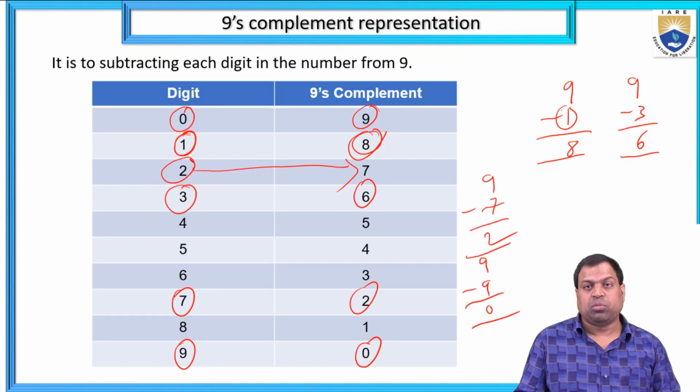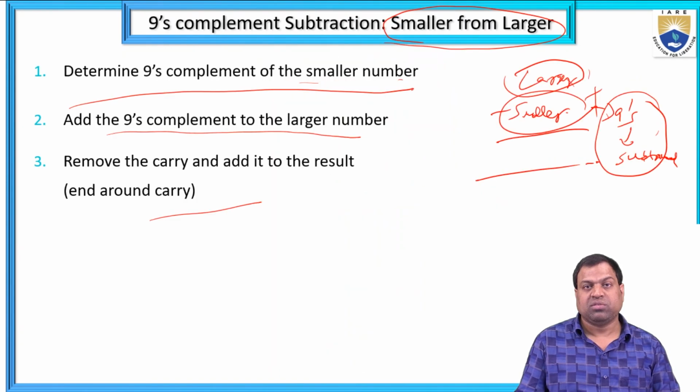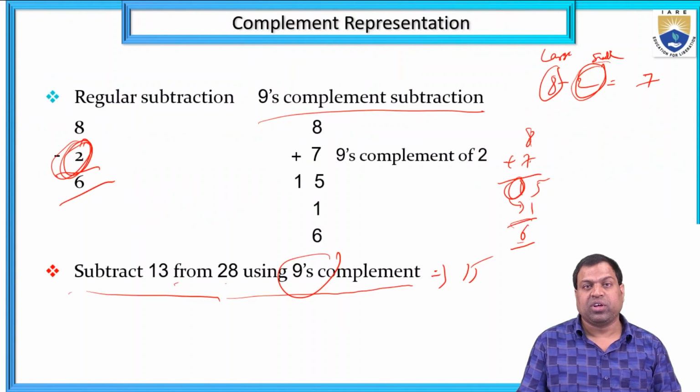Here is the nines complement table for subtraction. Nines complement types: smaller from larger, larger from smaller. What is the process for smaller from larger? Determine the nines complement of the smaller number, add the nines complement to the larger, remove the carry and add it into the result, the end-around carry.